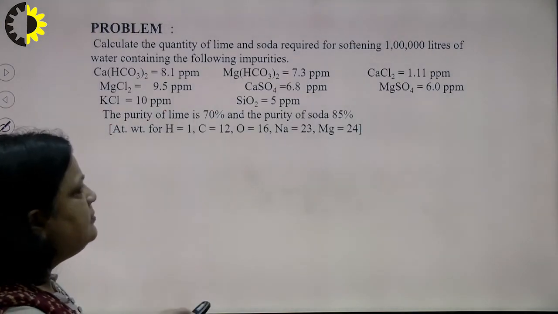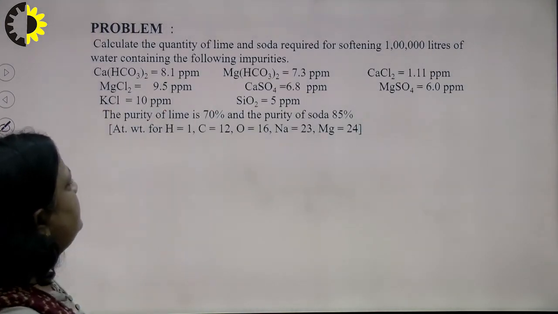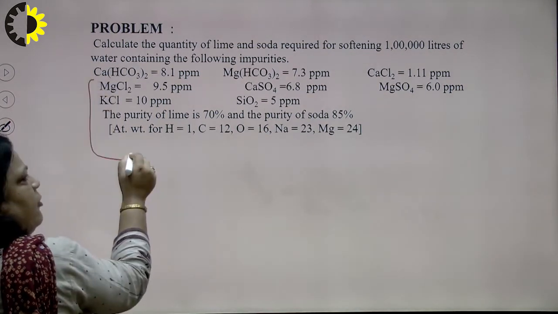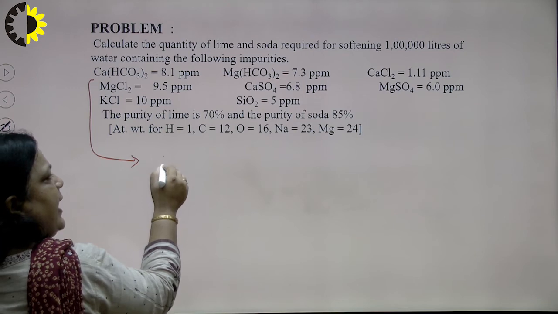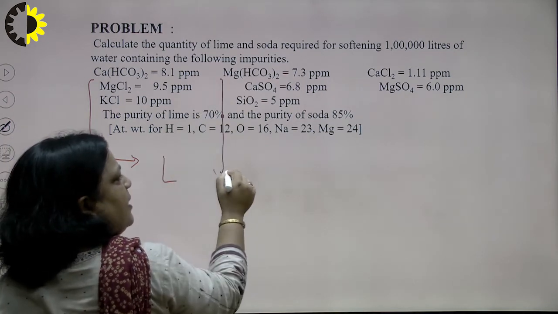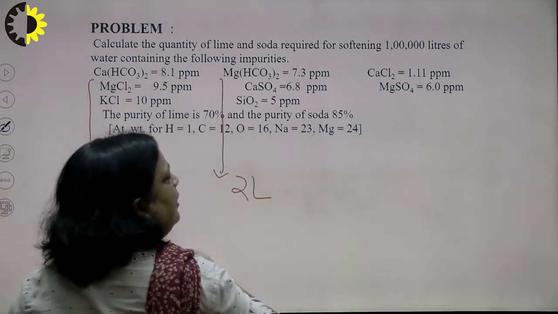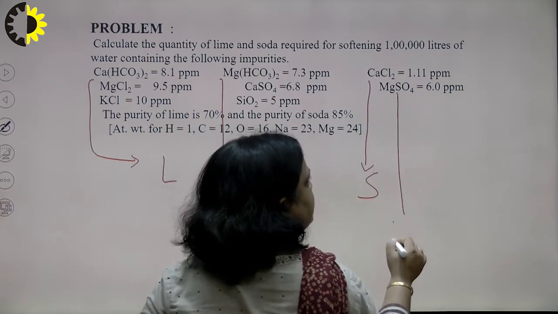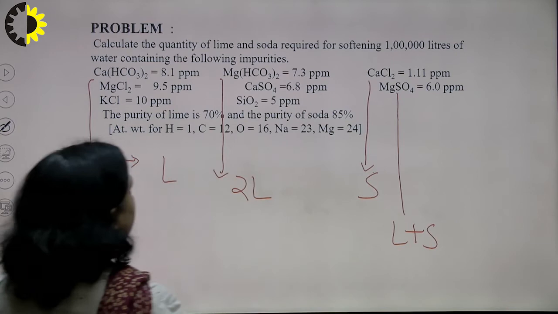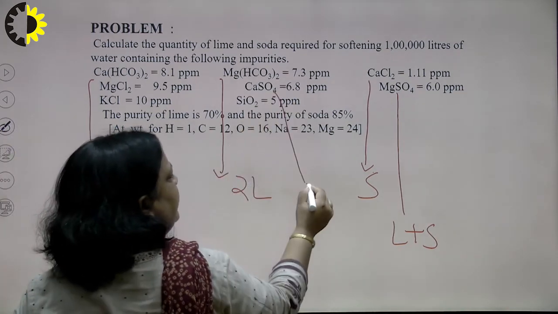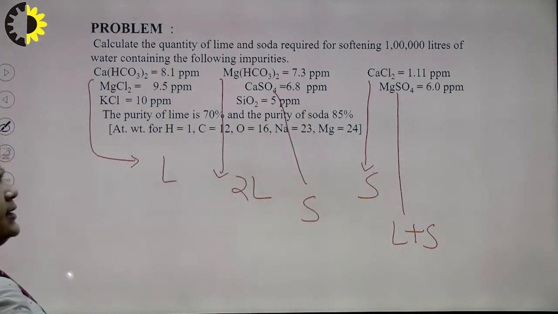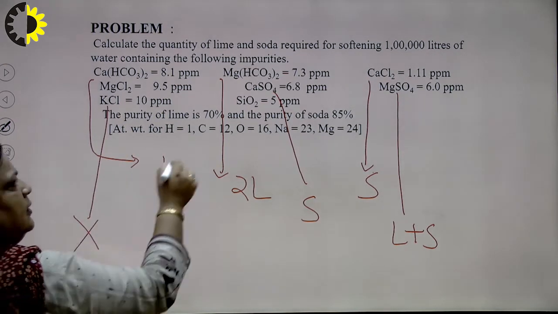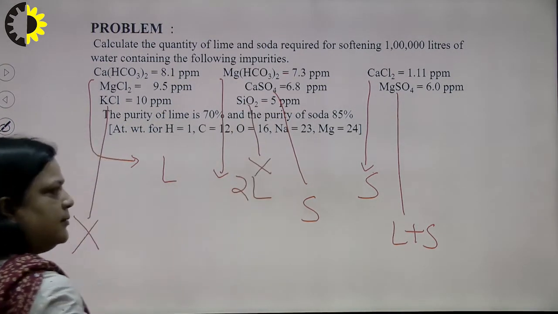Now the second problem. For calcium bicarbonate we require L, for magnesium bicarbonate we require 2L, for calcium chloride we require S, for magnesium sulphate we require L plus S, for calcium sulphate we require S, for KCl no need, for silica no need.